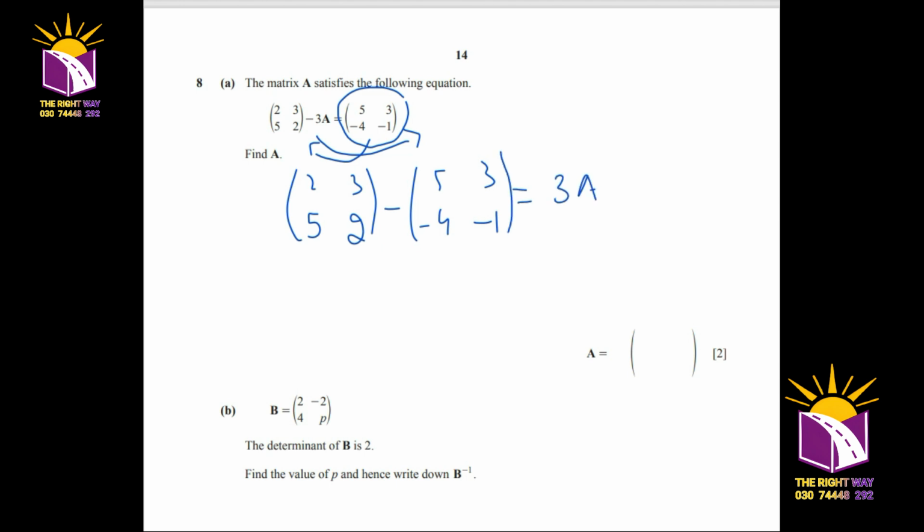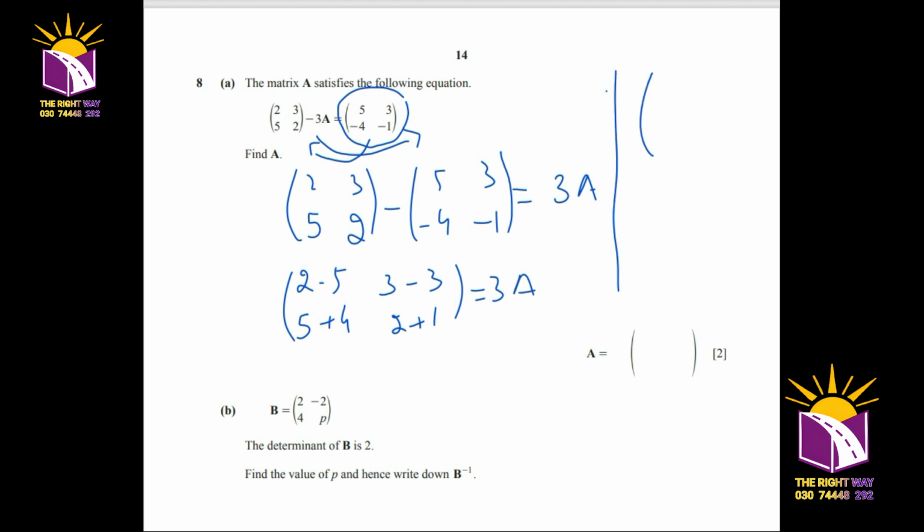Now when I subtract these, 2 minus 5 is minus 3, 3 minus 3 is 0, 5 minus minus 4 is 5 plus 4, which is 9, and 2 minus minus 1 is 2 plus 1, which is 3.